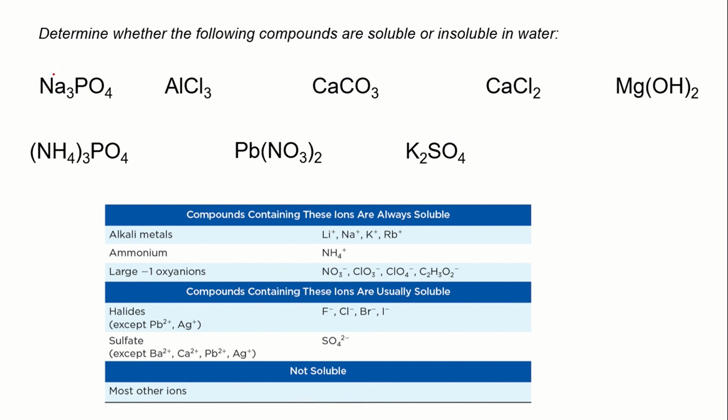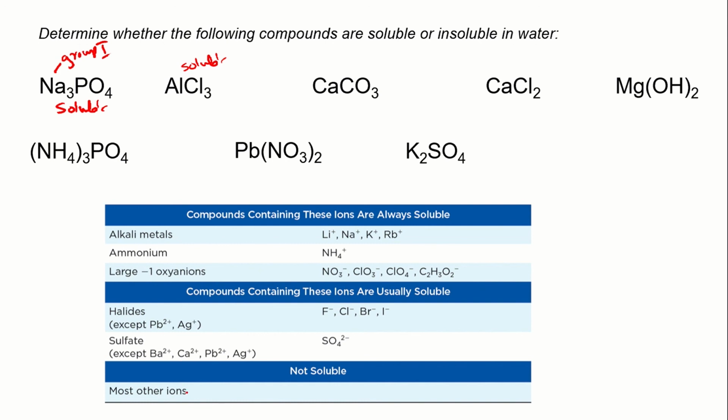Sodium is group 1. So that means this one is going to be soluble. Aluminum chloride. You can find that halides are usually soluble except lead and silver. What you have is aluminum, so this is soluble.